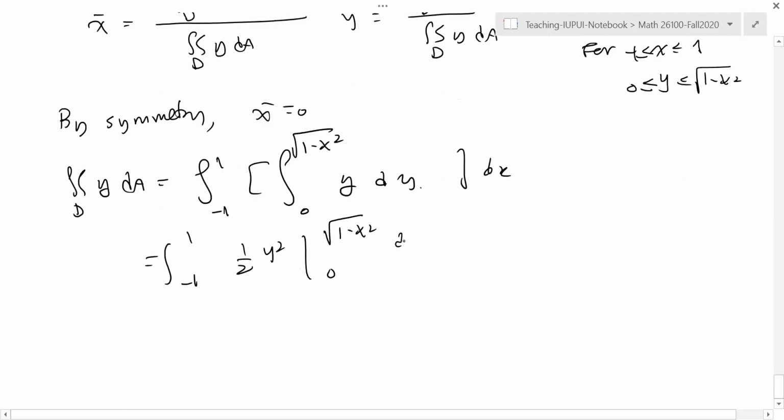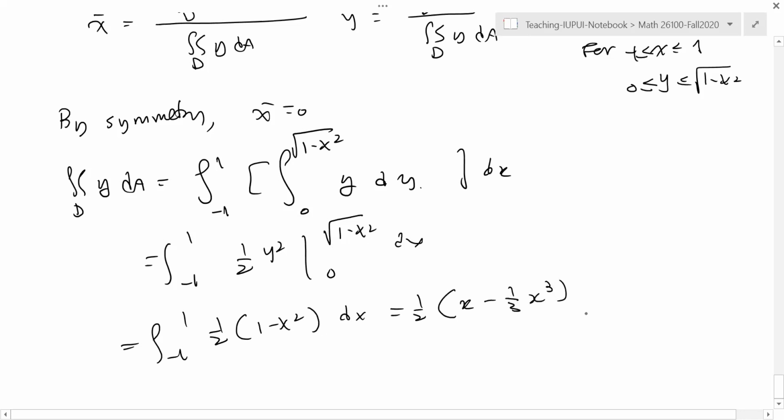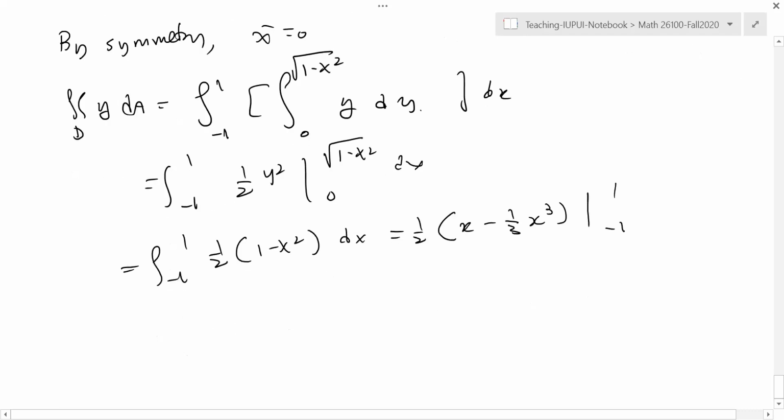All right, so this is the dx. And when you square the square root, that's all you get. So that's easy to calculate: x minus 1/3 x cubed, evaluated at the endpoints.